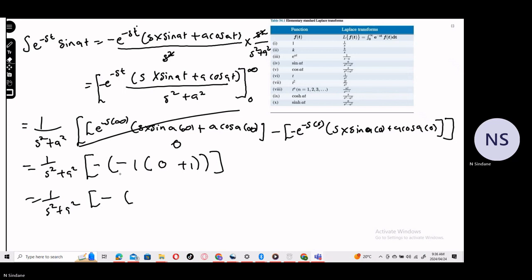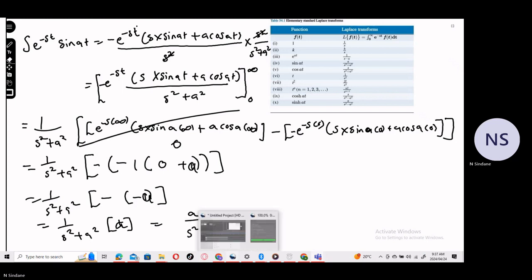Then this is going to be negative 1, then 1 over s squared plus a squared into 1. This is positive 1. There's an a here, because cos of 0 multiplied by a gives you a. So here we have our a, and this will be a over s squared plus a squared. This is the solution for sine, which is that, right?